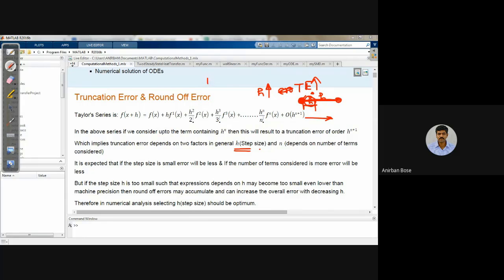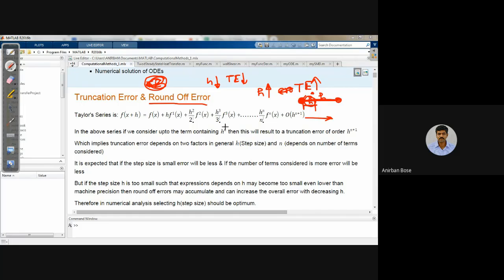If h is small, definitely the truncation error will be small. But what about the total error? The total error is not only the truncation error, but also the round off error. So let us first understand the round off error and then make a decision about the value of h.